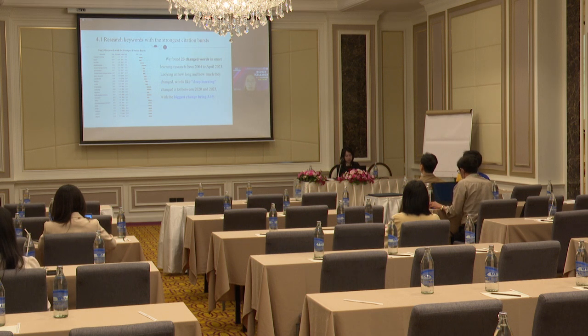We found 23 burst words in the smart learning research from 2004 to April 2023. Looking at how long and how much they changed, words like deep learning changed a lot between 2020 and 2023, with the biggest change being 3.19.